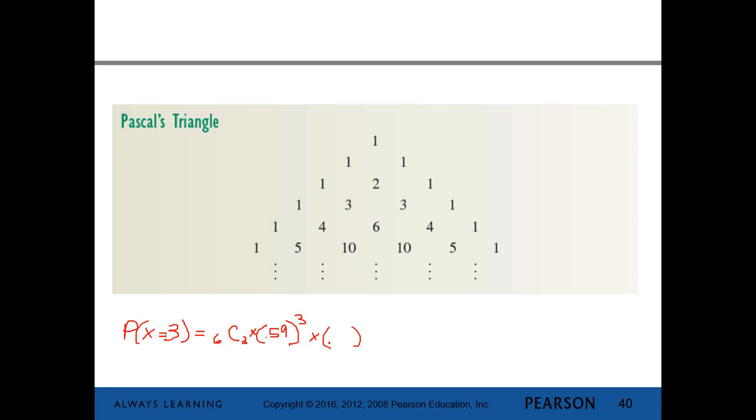That's 0.41, because successes and failures are complements of each other. That's also raised to the 3rd power, because if you have 3 successes, then the other 3 had to be failures.